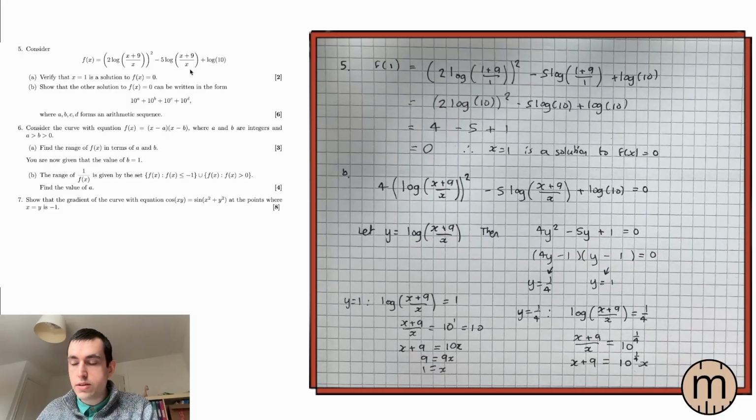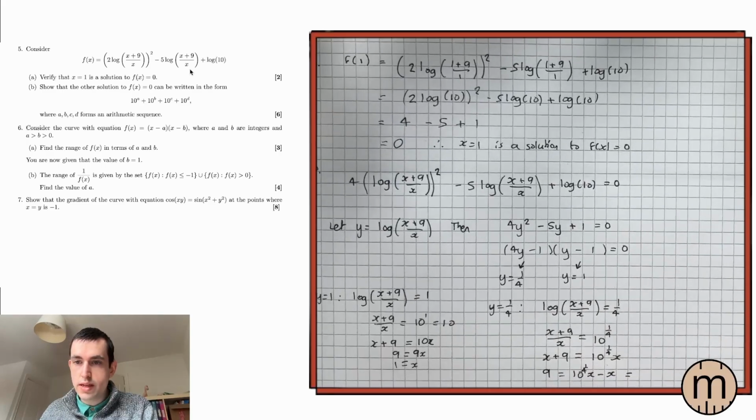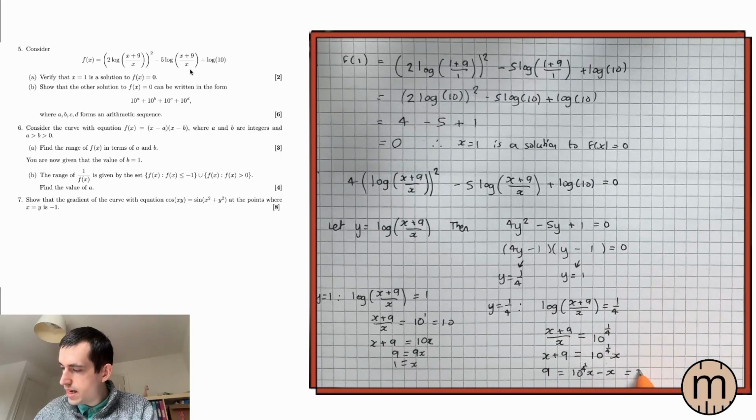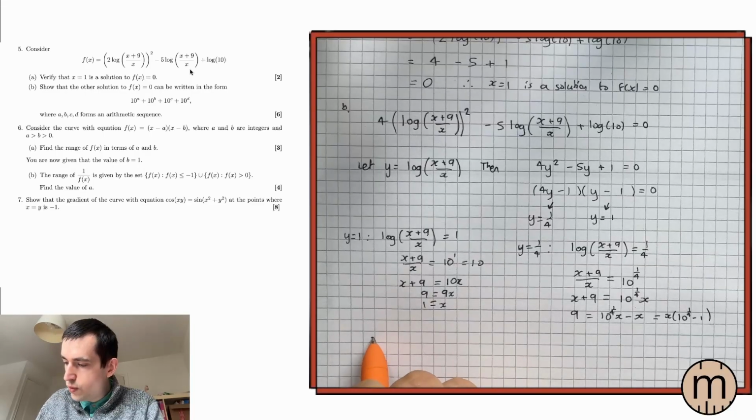And I want x, so I'm going to subtract x from both sides, which we can then rewrite as x lots of 10 to the quarter minus 1. Therefore, we can say x is equal to 9 divided by 10 to the power of a quarter minus 1.